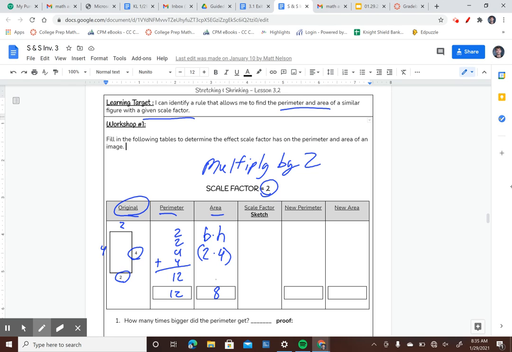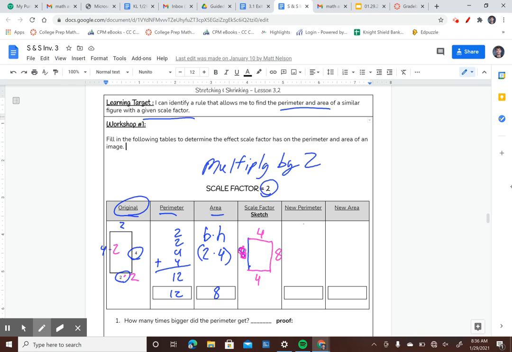And now I'm going to sketch my new figure that is multiplied by the scale factor of 2. And so here, my side of 4 would turn into 8 because 4 times 2 gives me 8. And then my side across here would be 4 because 2 times 2 equals 4. So I have 8 for my height and I have 4 for my base.